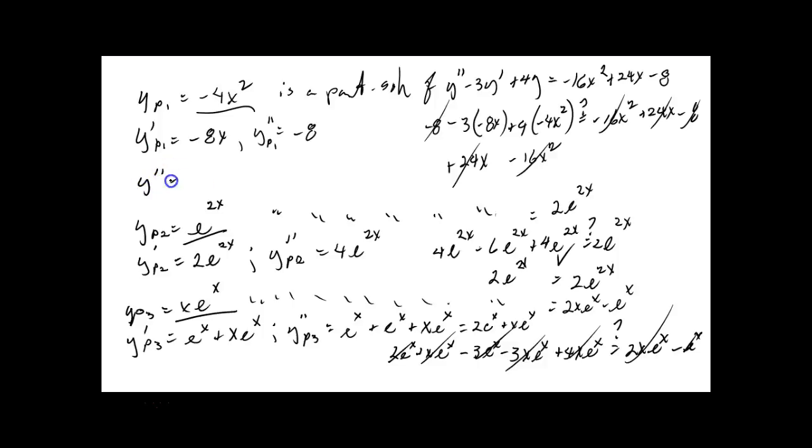Y double prime minus 3y prime plus 4y is equal to the sum of these: minus 16x squared plus 24x minus 8, plus 2e to the 2x, plus 2xe to the x minus e to the x.